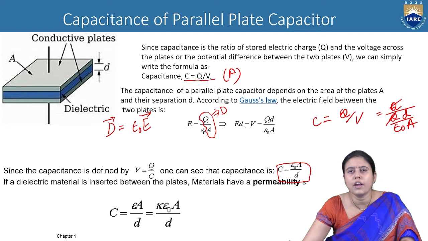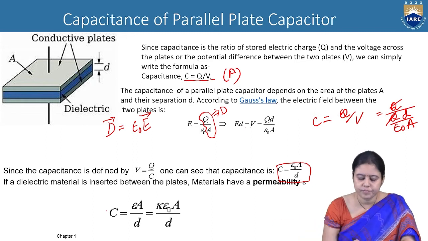C equals epsilon A by D, where A is the surface area of each plate and D is the distance between them. Capacitance is equal to epsilon A by D if the medium is other than air.